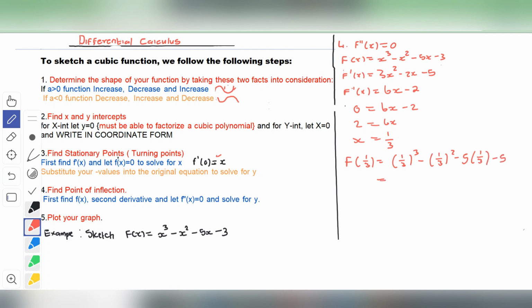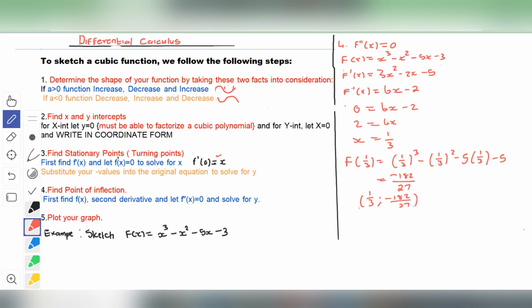Which the answer is, okay guys, our answer is negative 182 all over 27, meaning the coordinates of the point of inflection are 1 over 3 and negative 182 over 27.